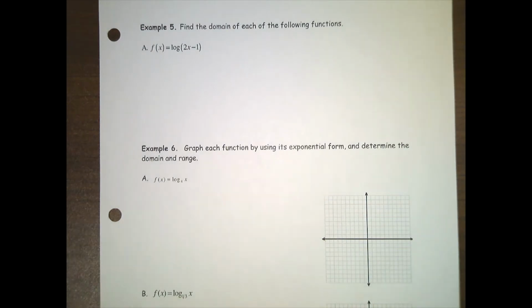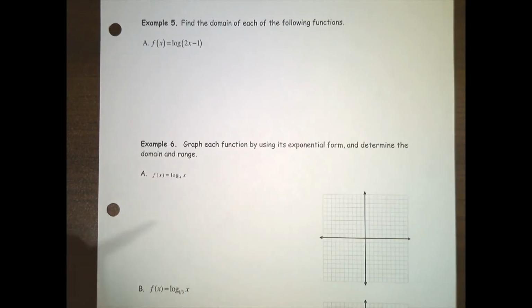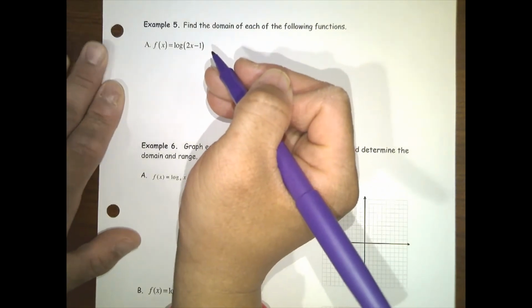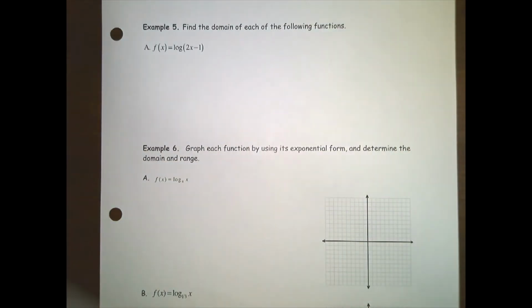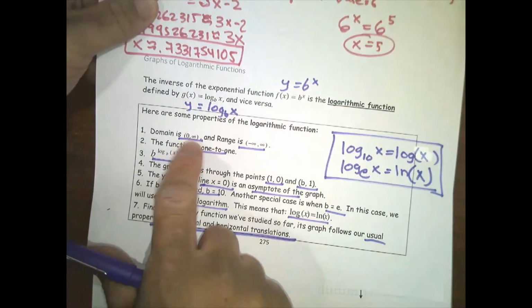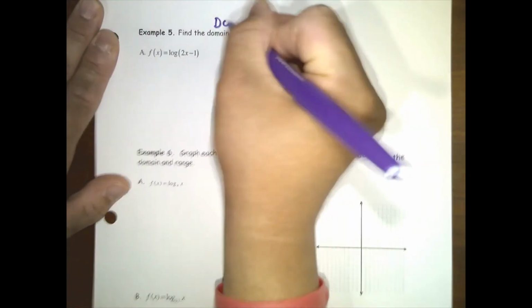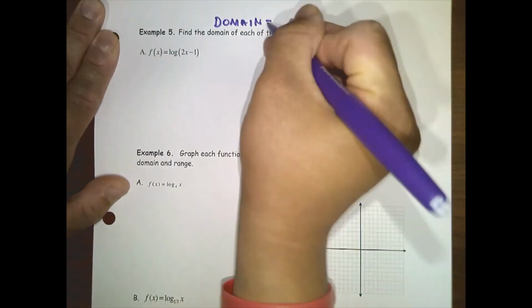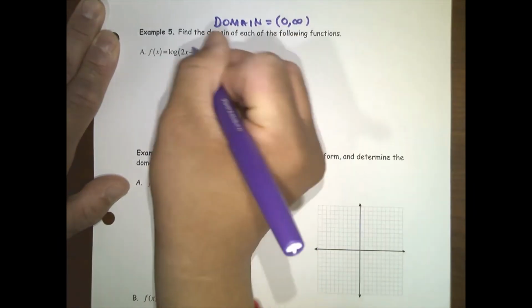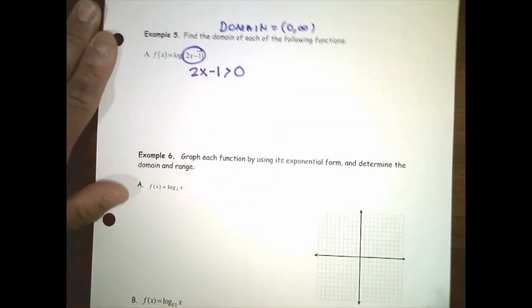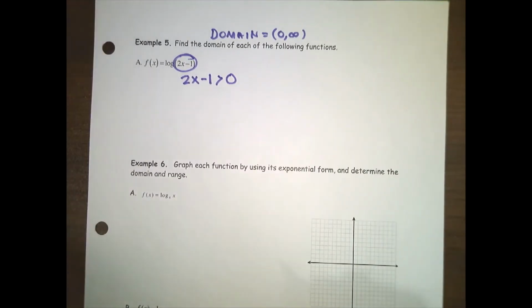So f of x is log base 10 of 2x minus 1. Just remember that the domain was 0 to infinity, right? So since the domain is 0 to infinity, this part, 2x minus 1, has to be greater than 0.